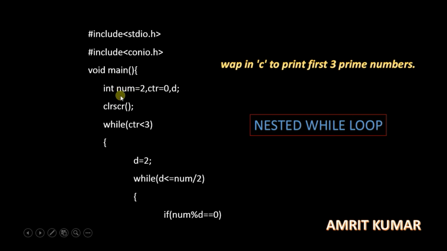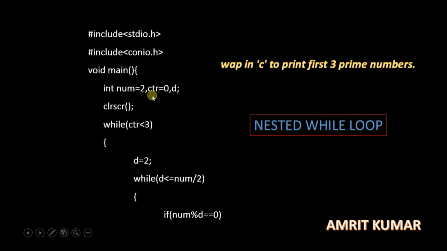We are using three variables, num, ctr and d, of type integer. num contains the value 2, ctr contains the value 0, and d does not contain any value yet. Being of type integer, they can store integer values.